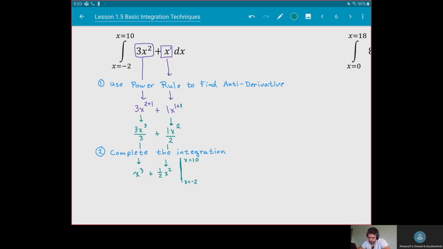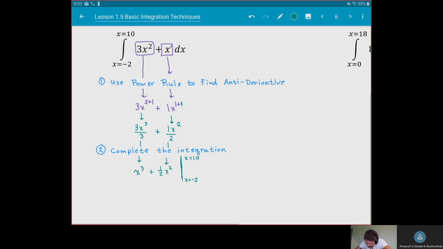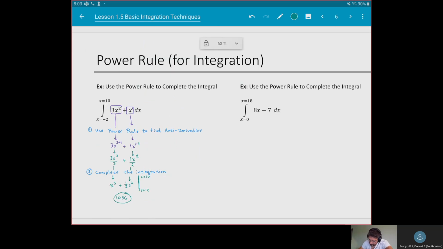All right, that's going to work now. -2 to 10. 1056. So this gives me 1056. Cool. All right. Any questions about that one? Any questions at all?